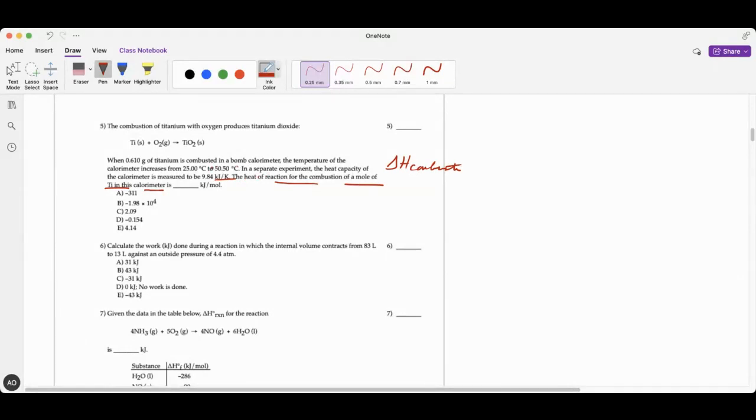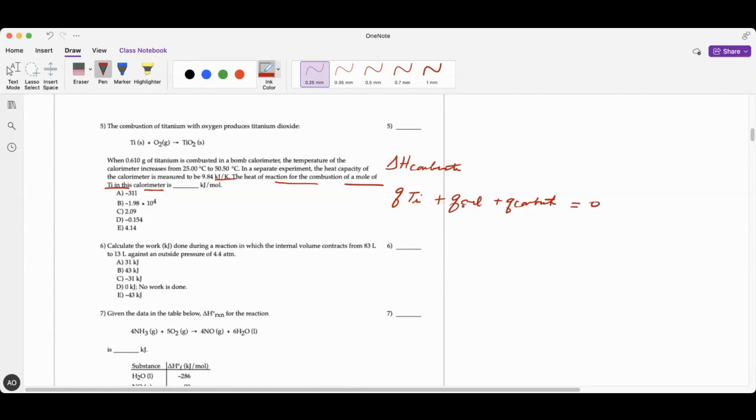So we can find Q for the titanium, plus Q, or the heat capacity of the calorimeter. What I should do is add them all together. That's going to give us the heat of combustion.